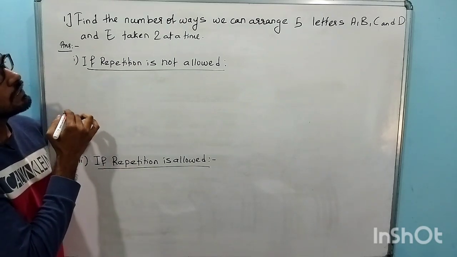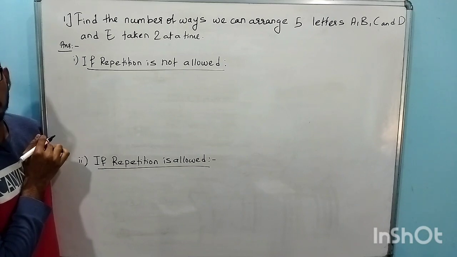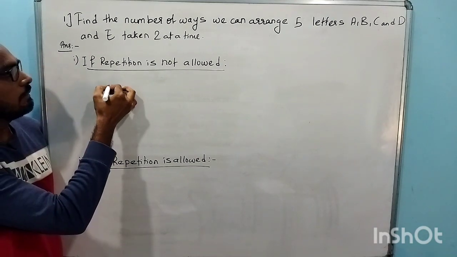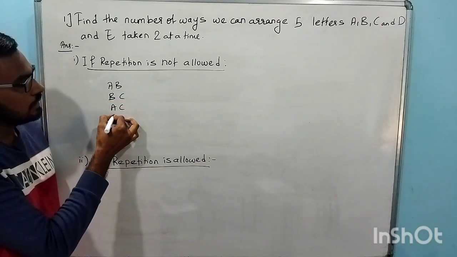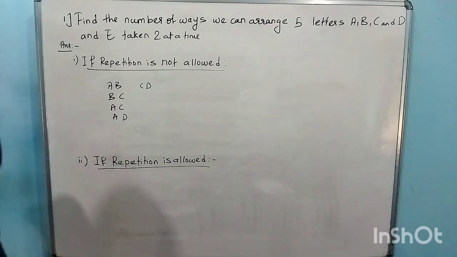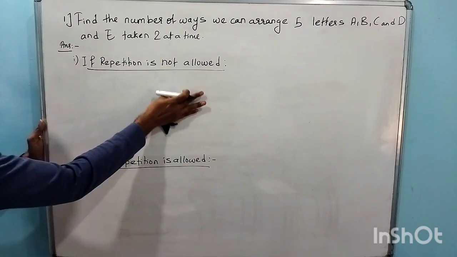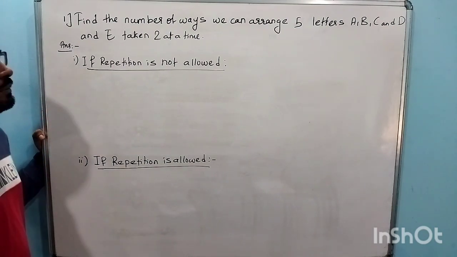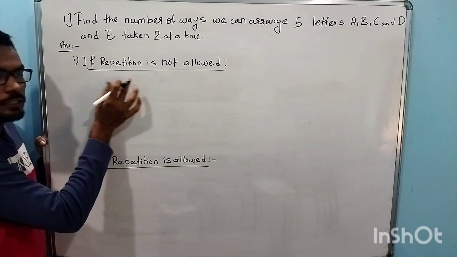First, we have 5 letters A, B, C, D and E taken 2 at a time. It will be like this: AB, BC, AC, AD, CD. Like this, you have to check how many different possible arrangements there are. There are basically 2 places, first place and second place.